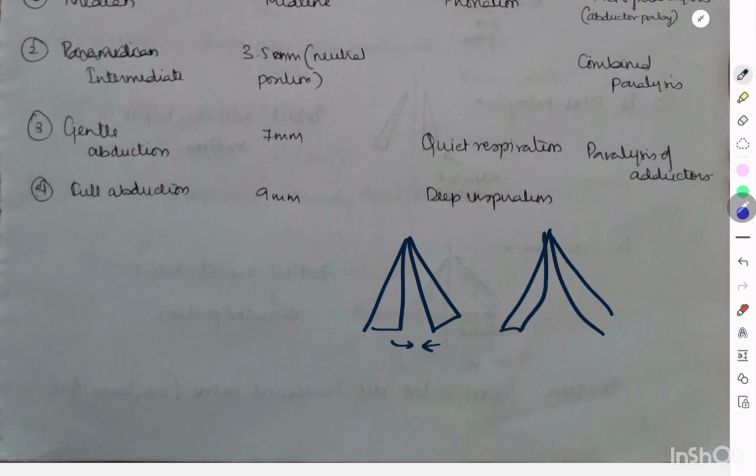So the simple thing is, if you want to phonate, it should come in the midline, and if you want to respire, it should go away, to create some space. And one more thing you should keep in mind is that the superior laryngeal nerve supplies the cricothyroid muscle, and that is the adductor and tensor.